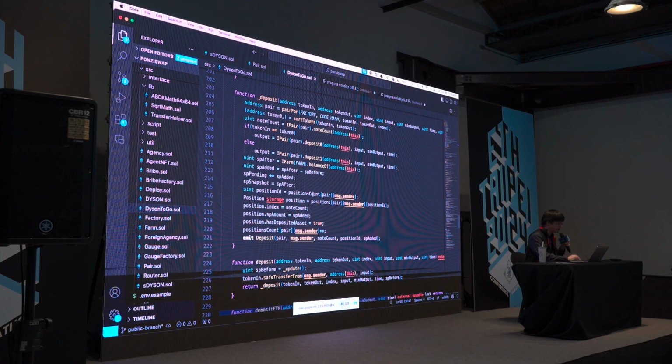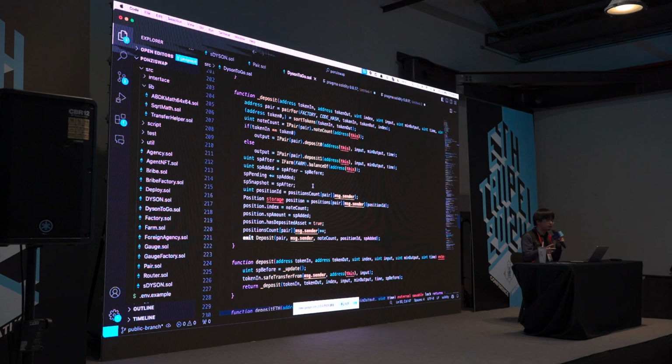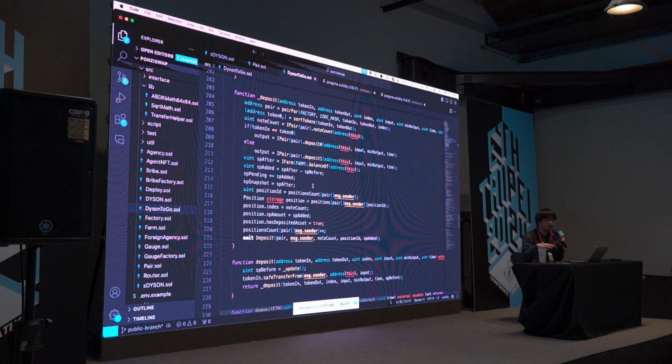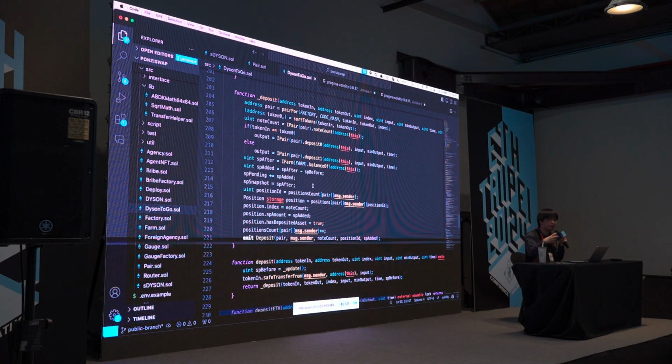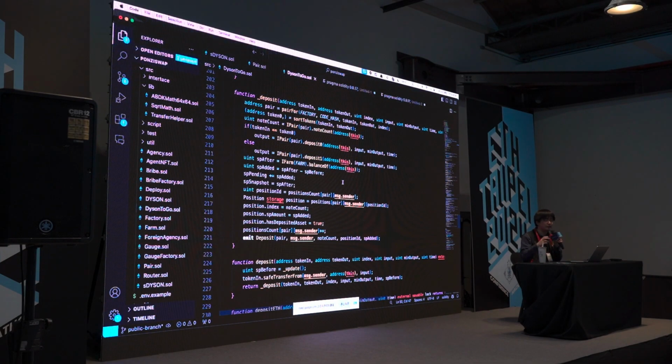But there's some extra logic that records how much, we call it SP, you can consider it as points, just like what a lot of projects are doing, asking you to farm points that can then be converted to their governance token. Yeah, so in Dyson, point is also an indicator of the amount of dual investment.